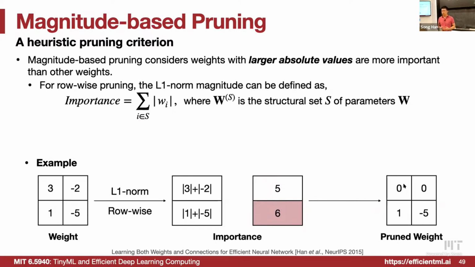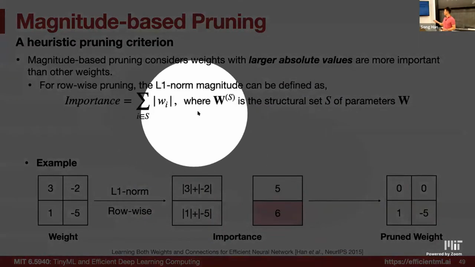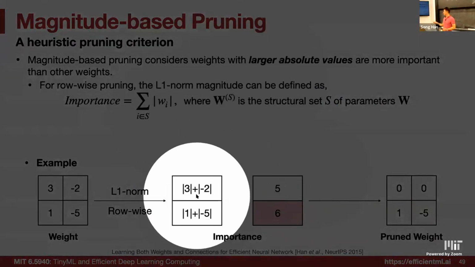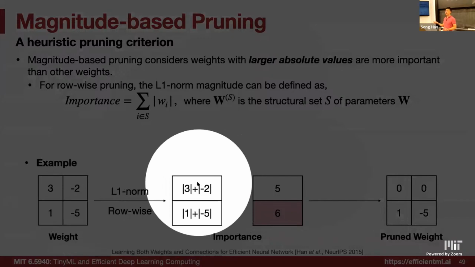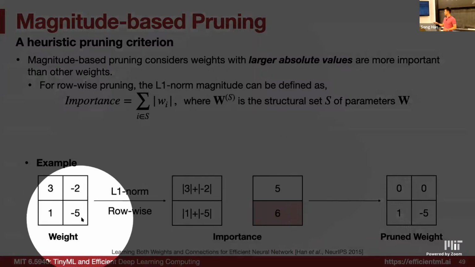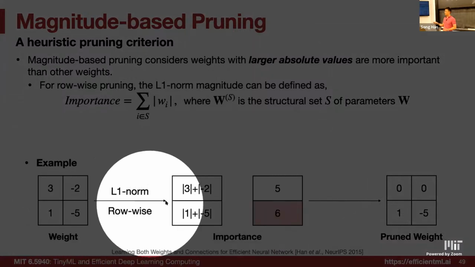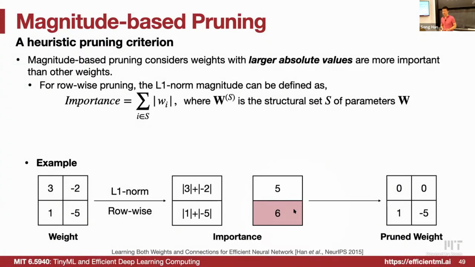What about for coarse-grained pruning? For example, if you want to prune away a whole row of this matrix, we can apply L1 norm or L2 norm. For example, here we start with L1 norm, magnitude-based pruning. We find the L1 norm for the first row, which is 3 plus 2, which is 5. We also find the L1 norm of the second row, which is 6. And here we compare: 5 is smaller than 6.